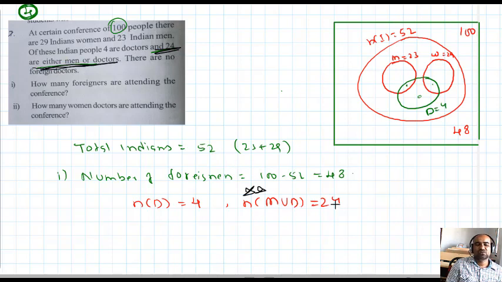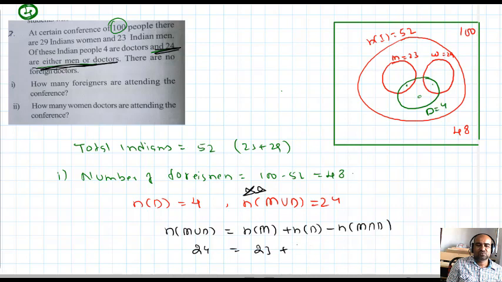So the formula N of M union D equals N of M plus N of D minus N of M intersection D. This is 24, N of M is 23 plus doctors 4 minus N of M intersection D. Men doctors I am finding first of all. So N of M intersection D equals 27 minus 24, that is 3.